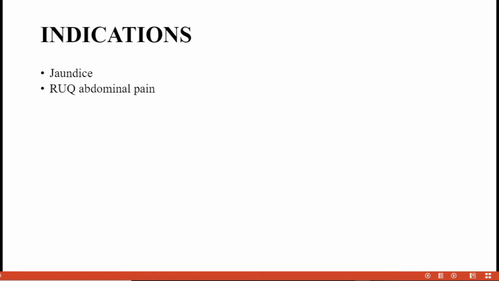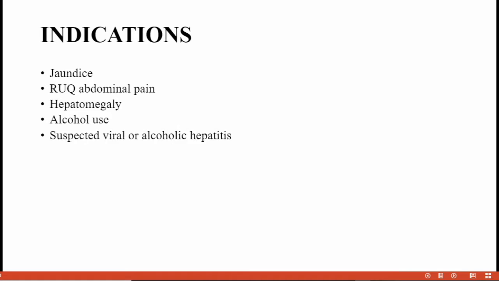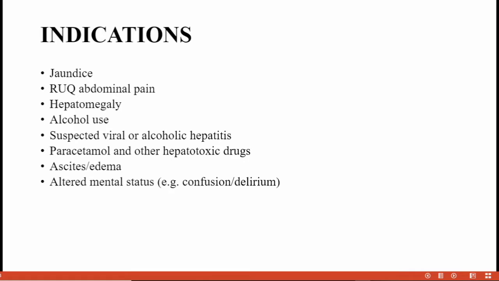Then somebody with right upper quadrant abdominal pain, a patient with hepatomegaly, a patient who has a history of alcohol use, a patient with suspected viral or alcoholic hepatitis or any inflammation of the liver, then a patient with overdose of paracetamol or any other hepatotoxic drug, then a patient with ascites or edema, then a patient with altered mental status, that's if the patient is confused or delirious, because it could be a hepatic encephalopathy.